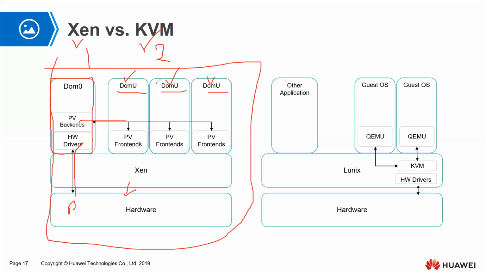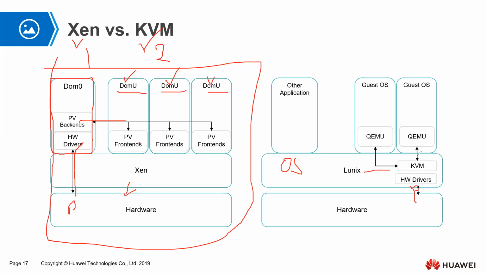And when it comes to KVM, like we already said, it runs inside Linux. It's a kernel module inside the Linux operating system. So on top of our hardware, we install the Linux operating system, and then inside it we install KVM.